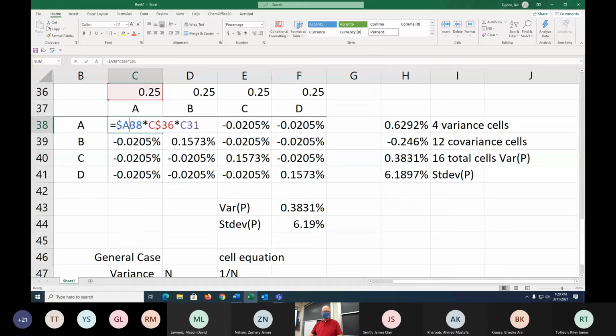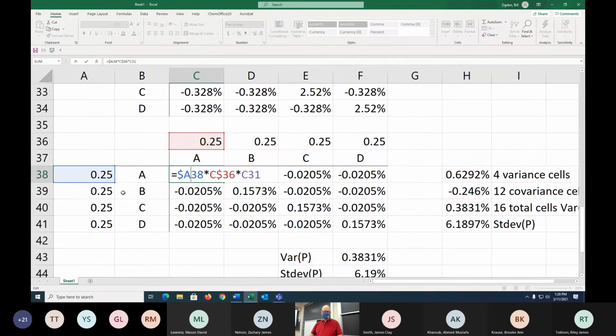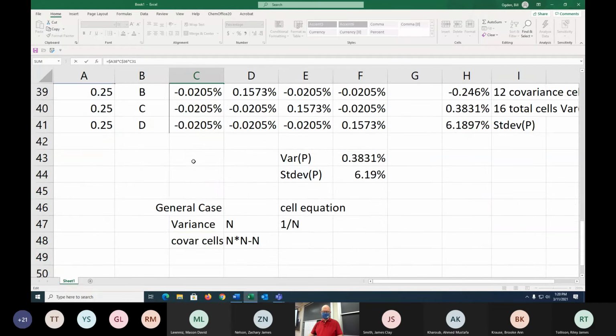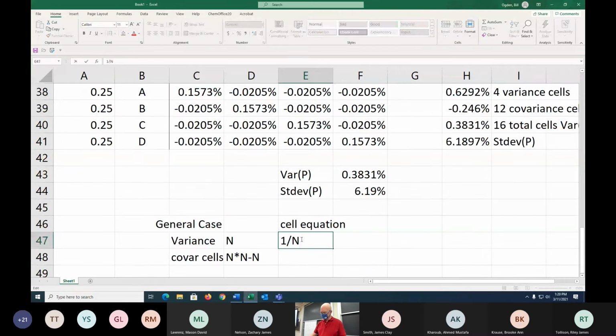What do we have right here? So we have 1 divided by N times 1 divided by N times the average variance. What do you have here?